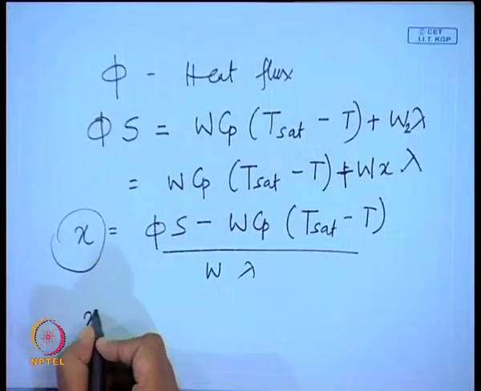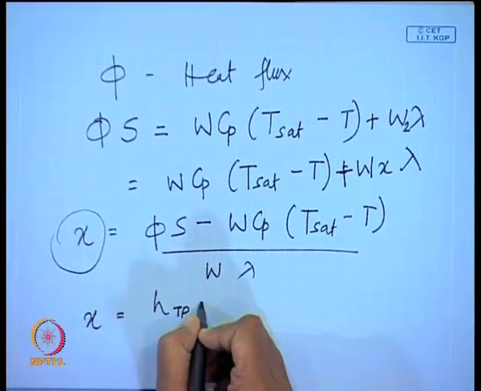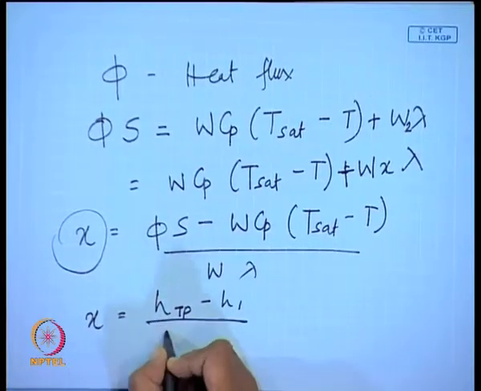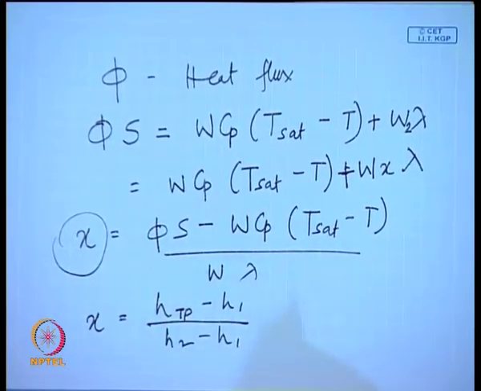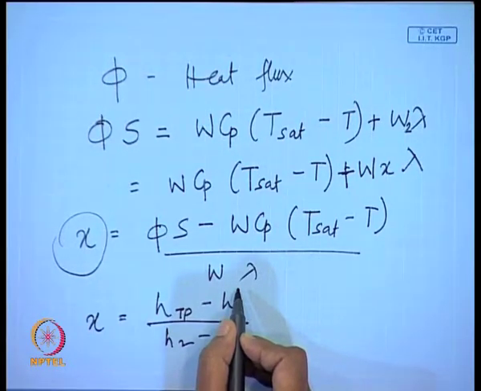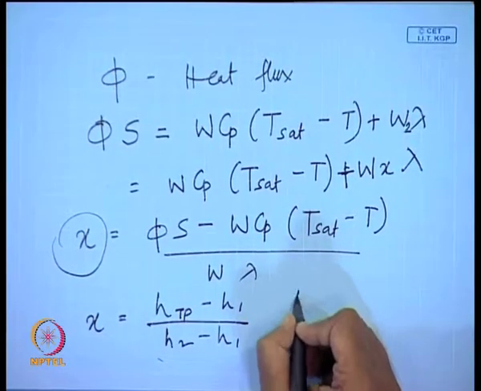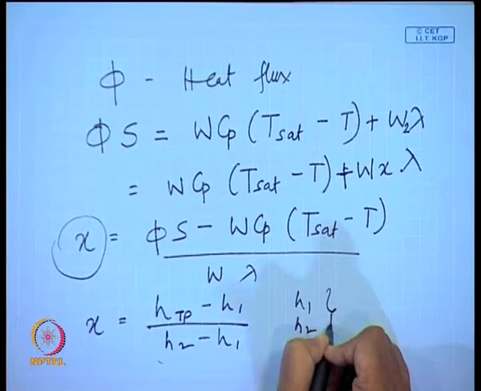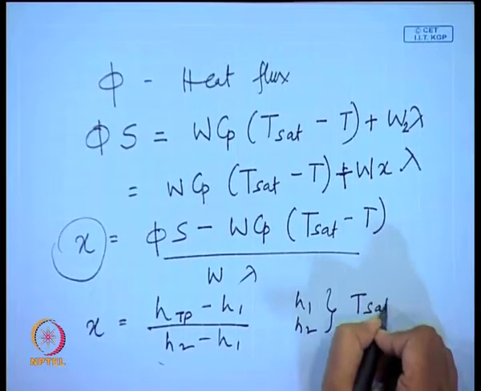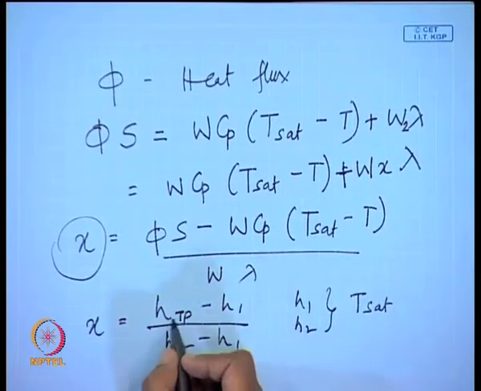In that case, x is equal to h two-phase minus h1 divided by h2 minus h1. h1 is the enthalpy of the saturated liquid, h2 is the enthalpy of the saturated vapor under the same conditions as the saturated liquid. That means h1 and h2 are both measured at the saturated temperature T sat, and this is the two-phase enthalpy.